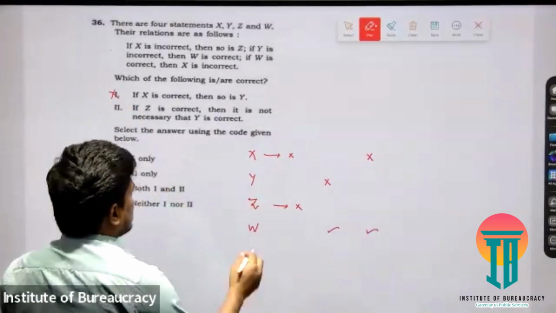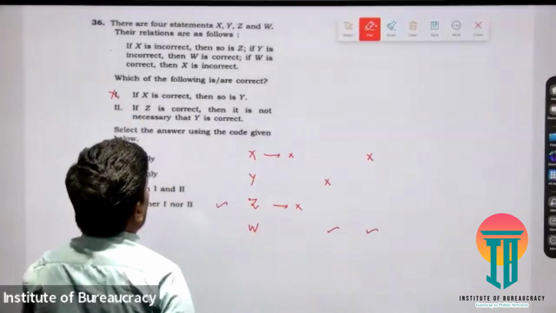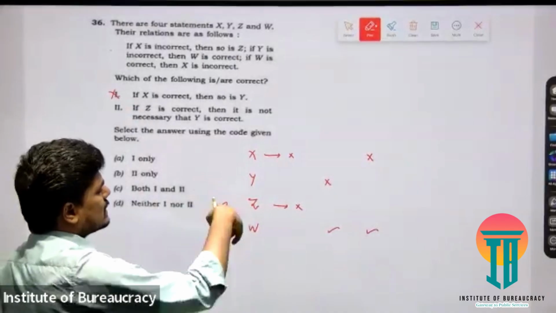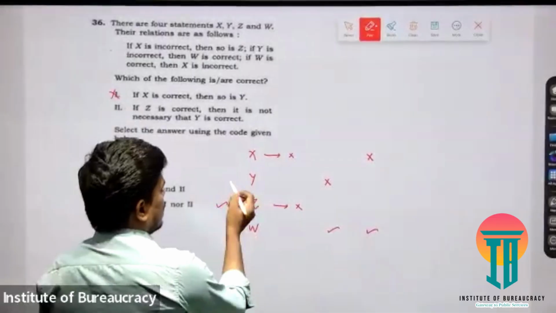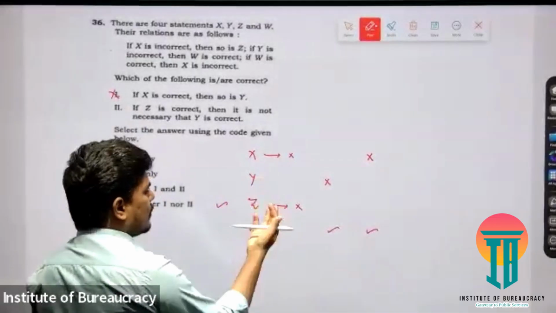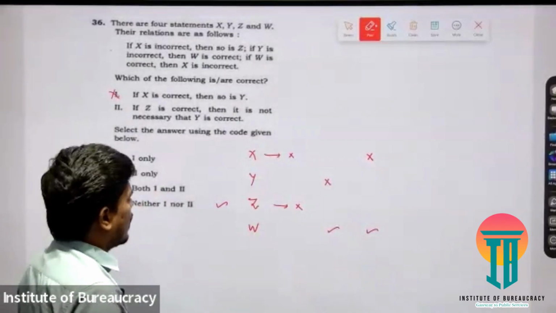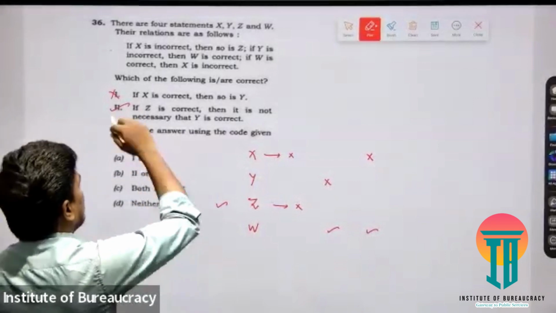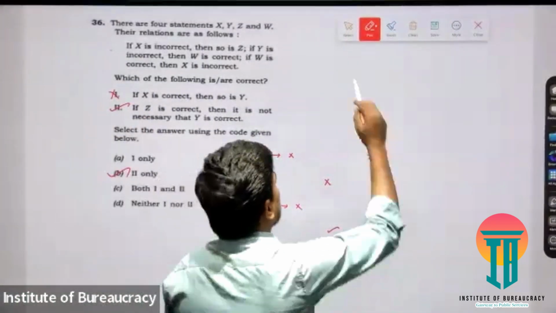If Z is correct, then it is not necessary that Y is correct. It can be correct, need not be correct. It can be or it cannot be. So this statement seems to be correct. The first statement, therefore, B only 2 is correct.